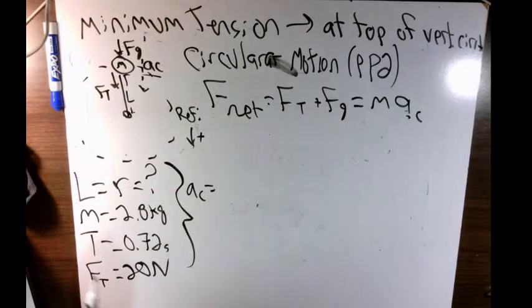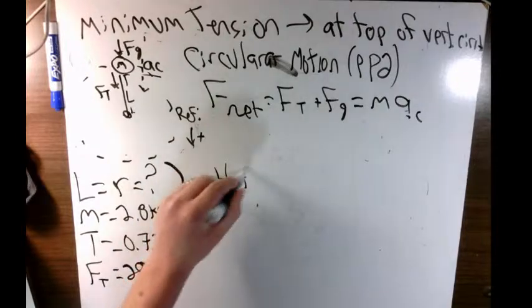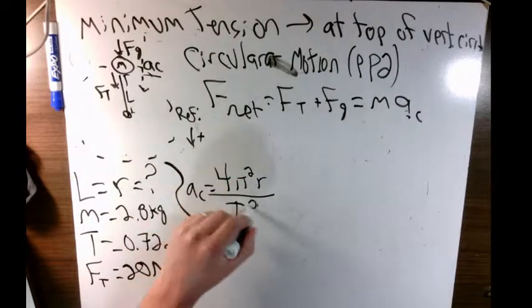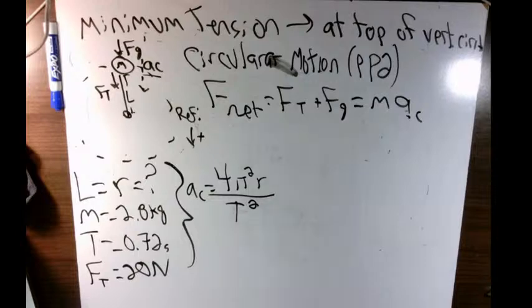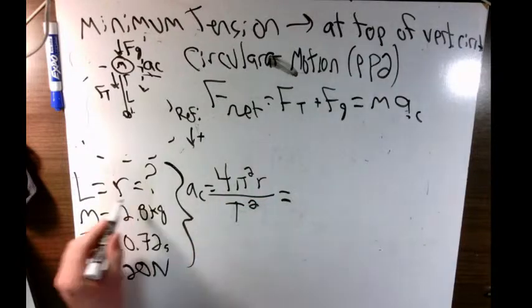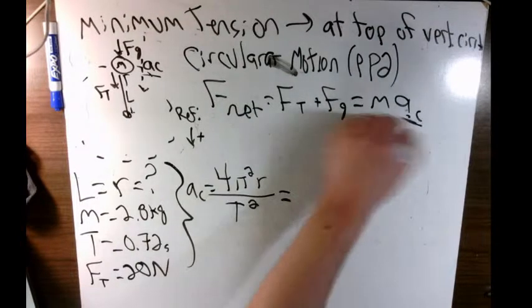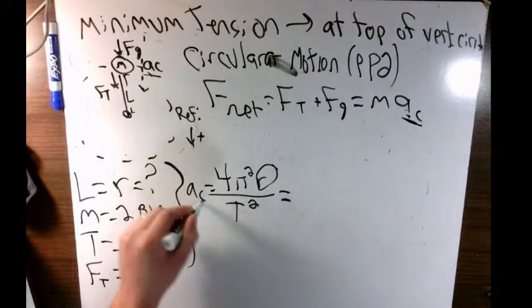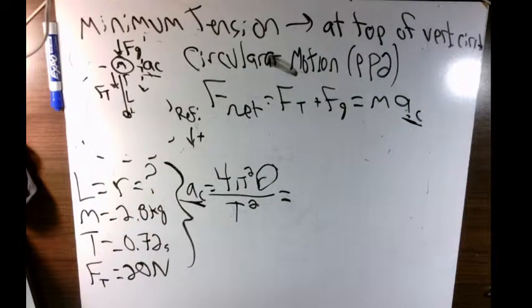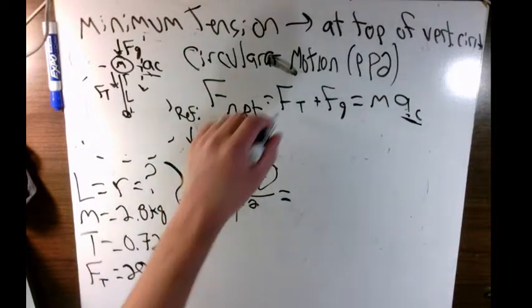Since we have period, we're going to be using our 4 pi squared r over period squared. They don't tell us anything about speed, and we don't really have a way of determining speed. They do tell us period, so we'll go ahead and use that. Actually, first we're going to need to solve for a_c here, because this is our unknown. We need to actually come up with a number for that using this equation here.